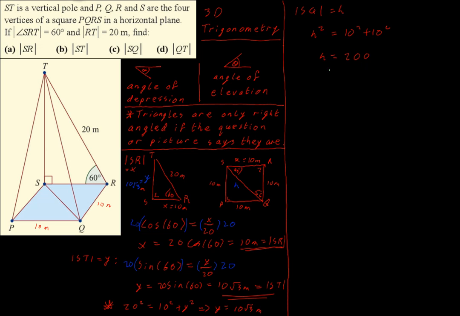Sorry, 200, I should say. I take the square root of both sides. I don't need to worry about the negative of this because H is a length, so I don't need to worry about plus or minus here as I often would. So I just end up with 10 root 2. So I've now filled that information in everywhere.